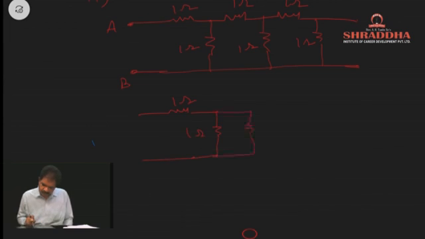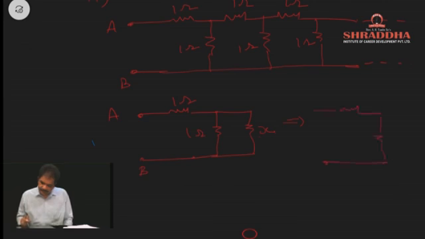I am assuming the effective resistance of the remaining infinite circuit, let it be X. Then again if we solve the circuit, 1 and X will be in parallel.